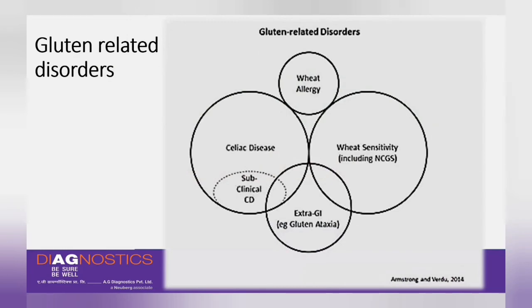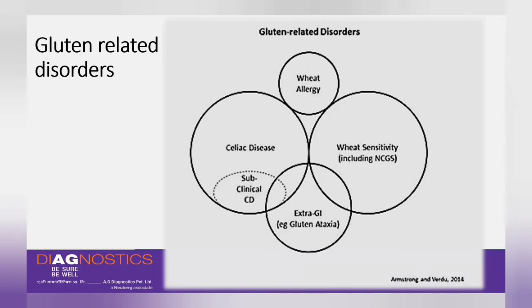So milder symptoms, and however the serology and the genetic predisposition will be seen in these patients also. Then there's a wheat allergy group, and then there is a wheat sensitivity, which is the non-celiac gluten sensitivity group.